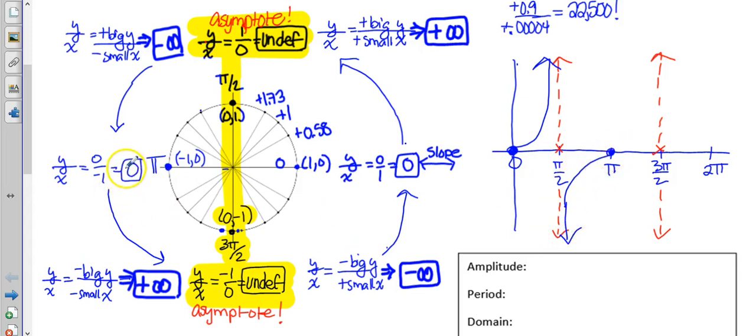What happens after 0? Well, once we get into quadrant 3, we're dealing with negative divided by a negative, which is positive. So check it out. Right after pi, we are now switching back into positive tangent values. And where is tangent headed? Tangent is headed towards positive infinity.